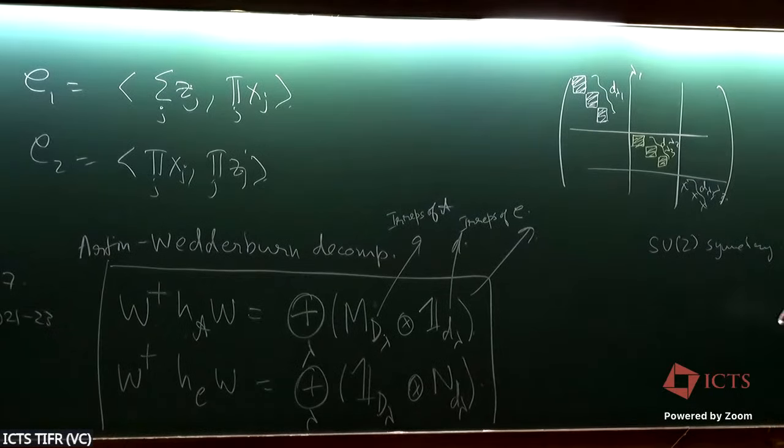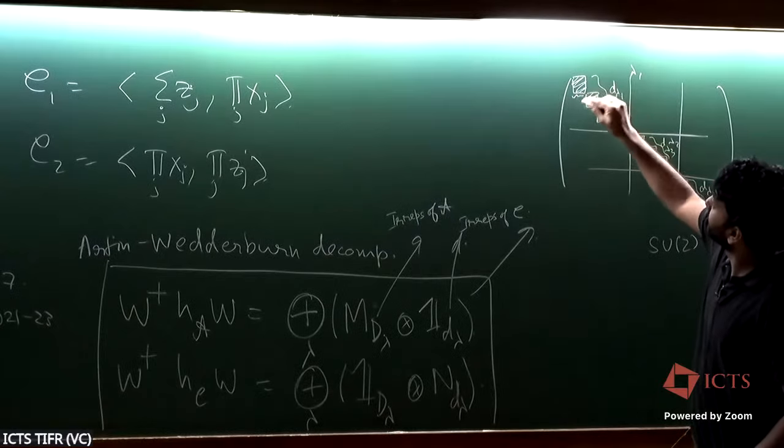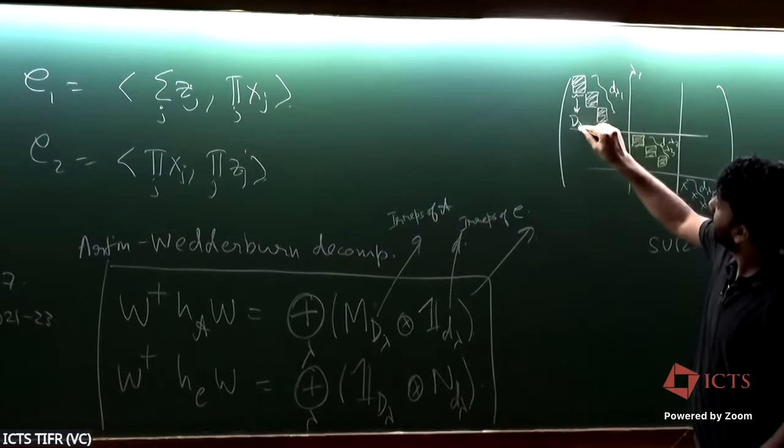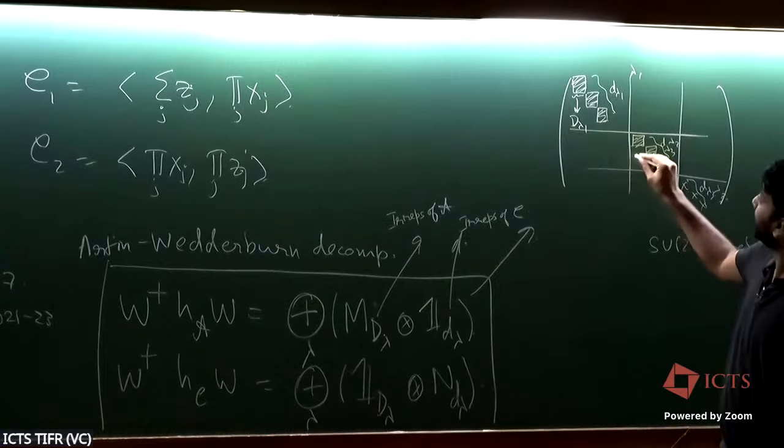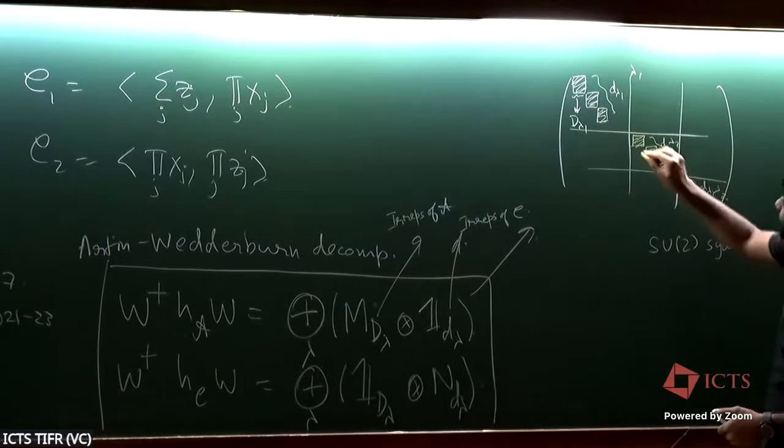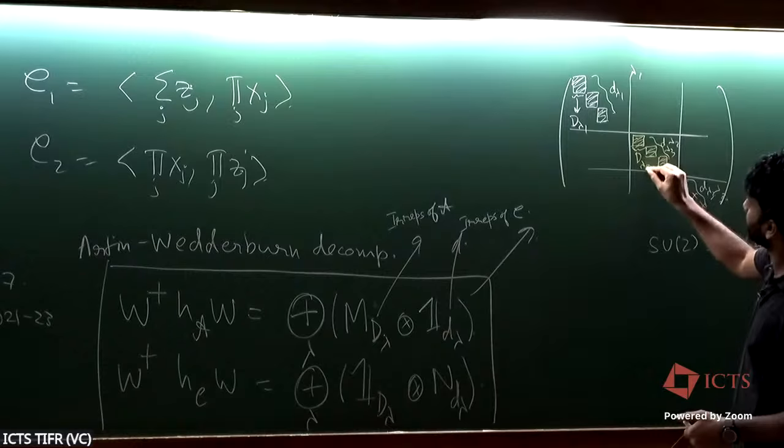I should also say that these blocks themselves have dimensions: capital D lambda 1, capital D lambda 2, and so on.